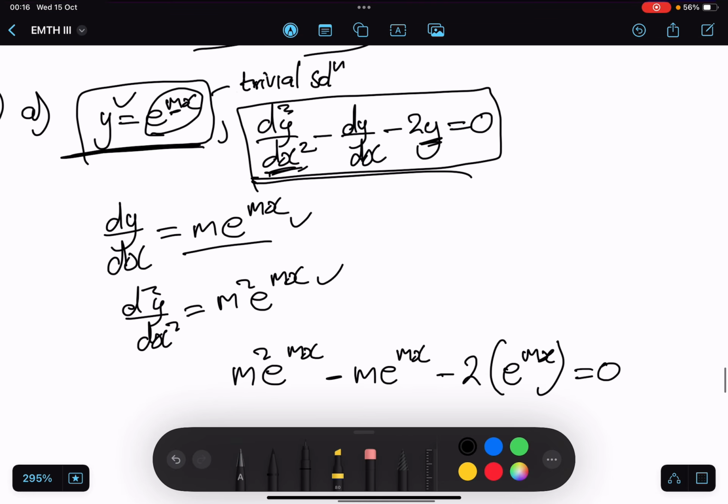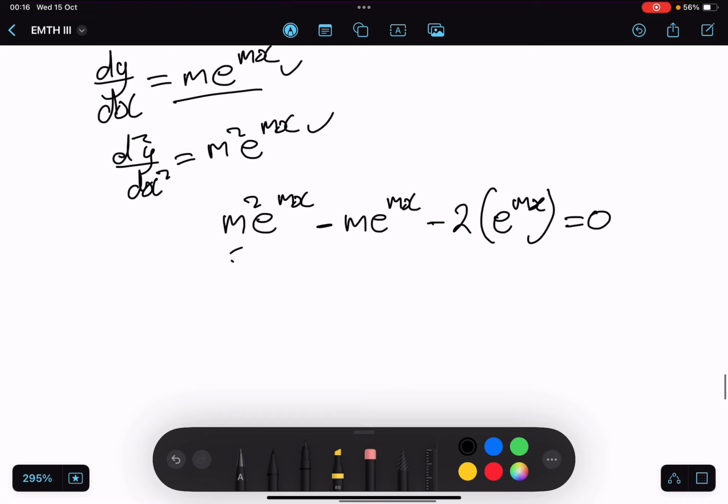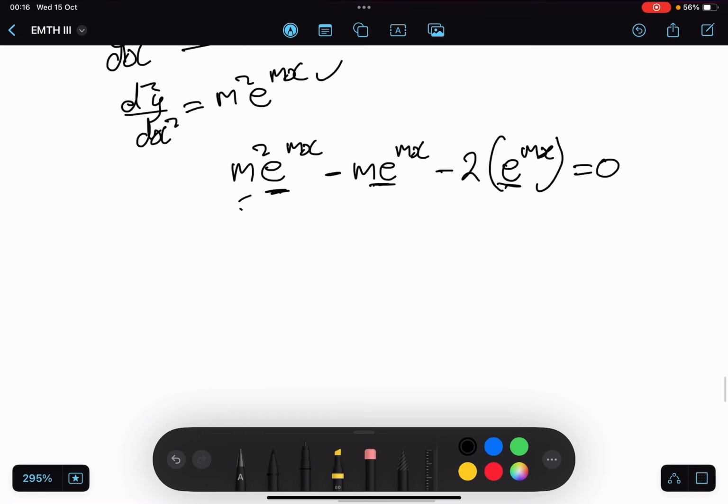So we differentiated this trivial solution twice, and then we substituted the derivatives in this second order differential equation that we were given. From this point we can factor out the common term, which is e to the power mx. So e^(mx) times (m² minus m minus 2) is equal to 0.